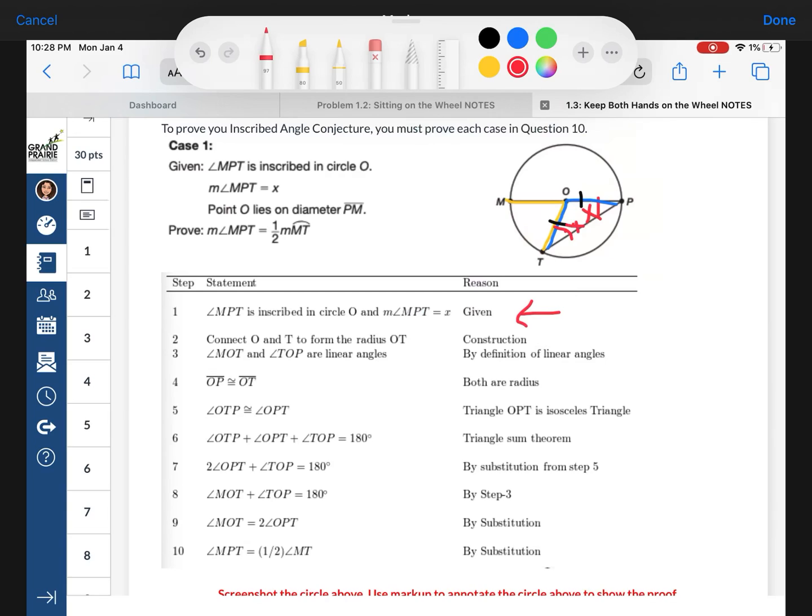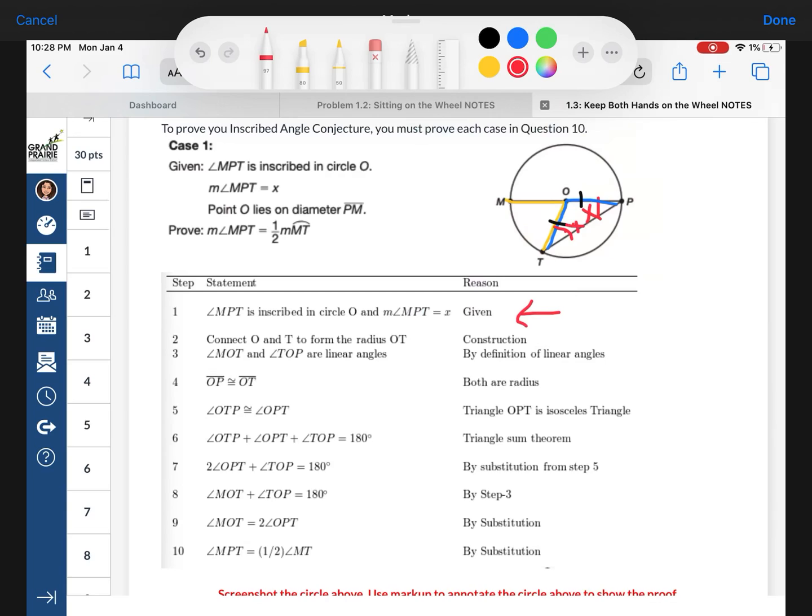Step 7, if you can tell in the statement in step 6, there are two OPTs, right? Actually, in step 5 we mentioned that angles OTP and OPT were equal. So we can just say that there's two of the same thing.